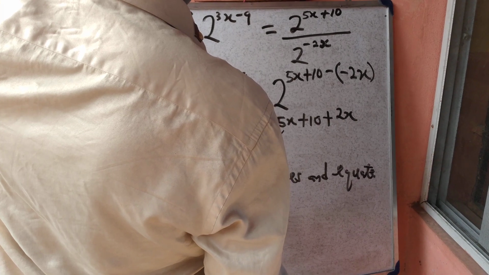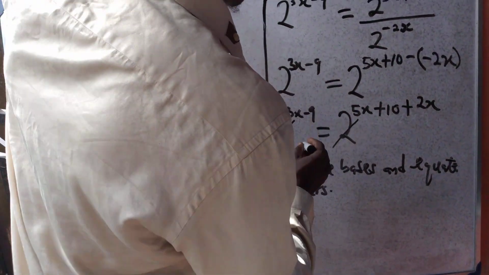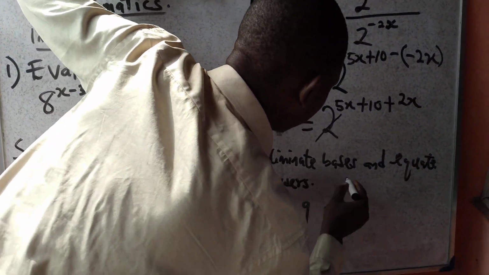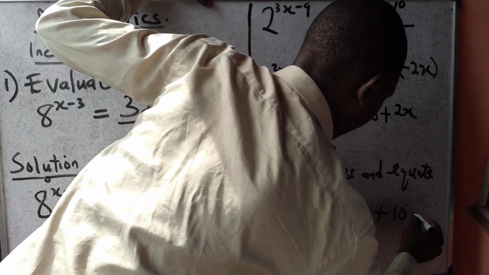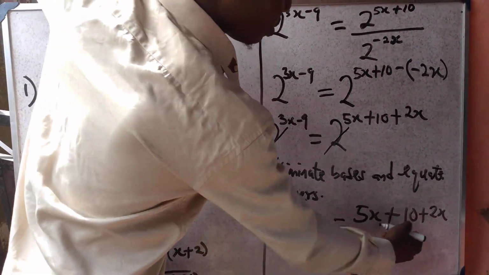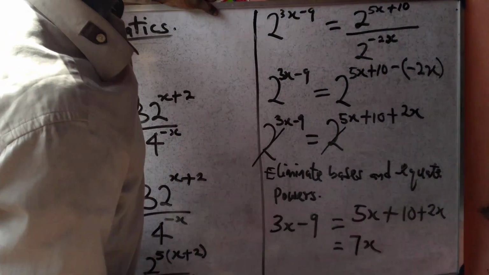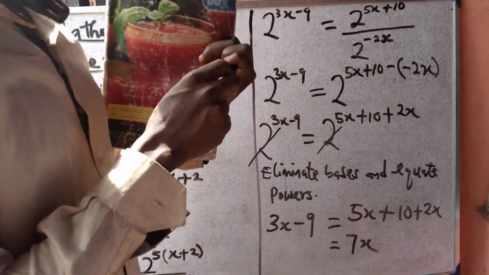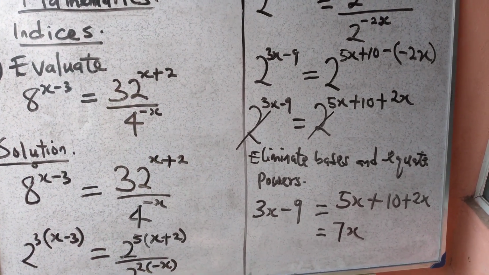So if you're having 3x minus 9 is equal to 5x plus 10 plus 2x. Of course, we are aware that 5x plus 2x gives us 7x.